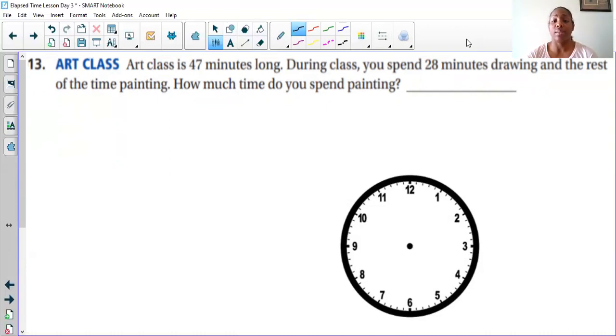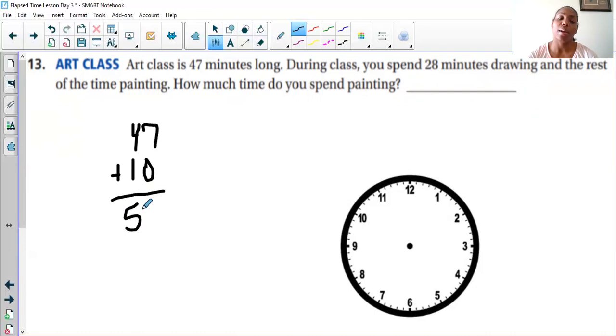So the way that I like to do this is, I know I need to take some time away from this 28 minutes to add to the 47 minutes to get me to the next hour. So I know 47 plus 10, just gonna keep it simple. 47 plus 10 brings me to 57.